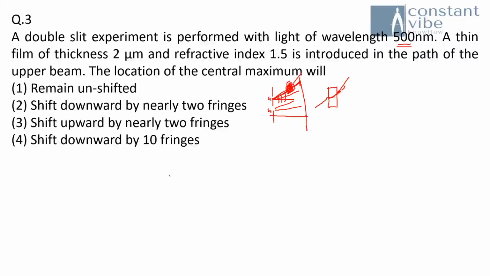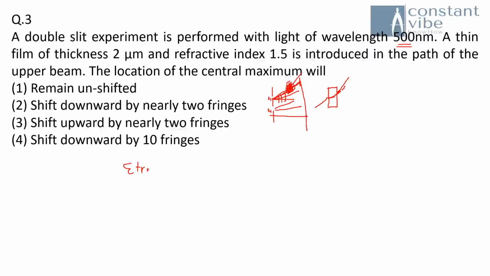So the formula: we have to calculate the extra path. The location of the central maximum, with the thin film and refractive index introduced in the path of the upper beam, is asked; how much shift will happen in the beam.